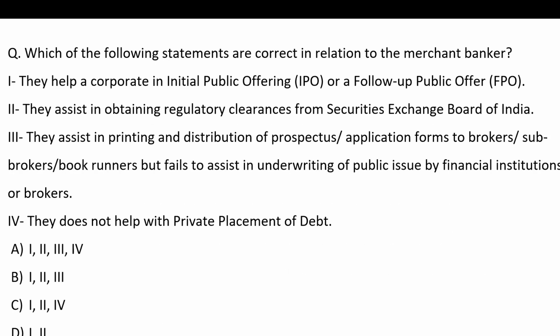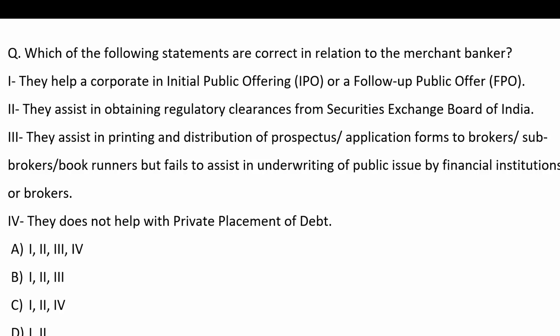Which of the following statements are correct in relation to merchant bankers? They help a corporate in IPO or FPO. Yes, this is correct. They assist in obtaining regulatory clearances from SEBI. It is also correct. They assist in printing and distribution of prospectus, application form to brokers or broker runner.